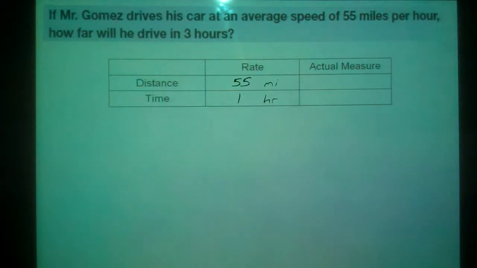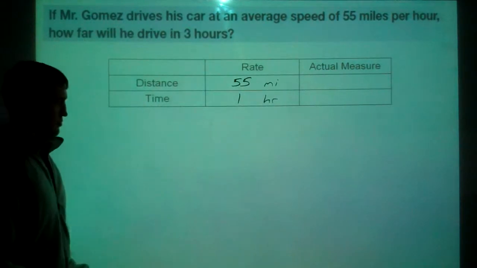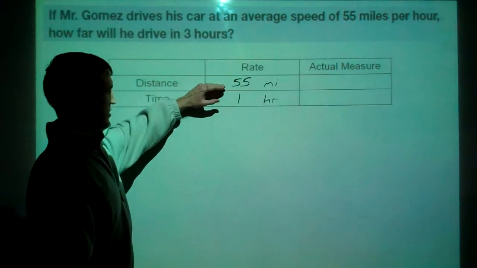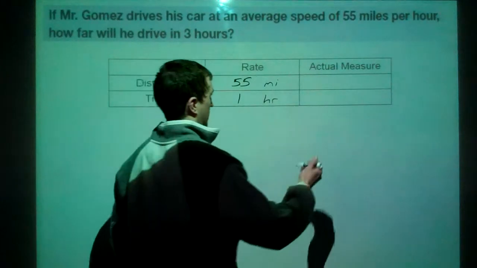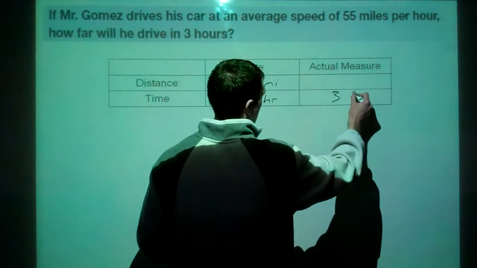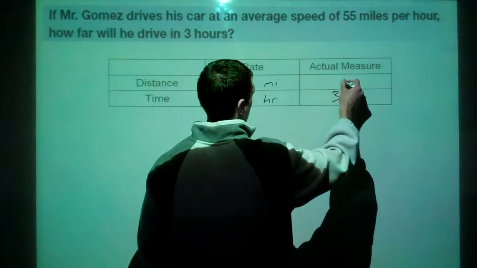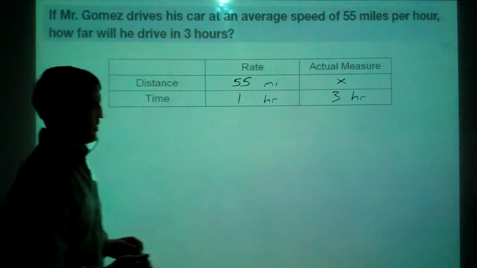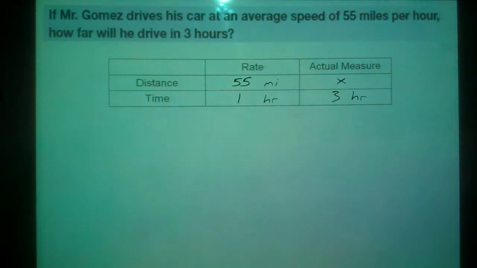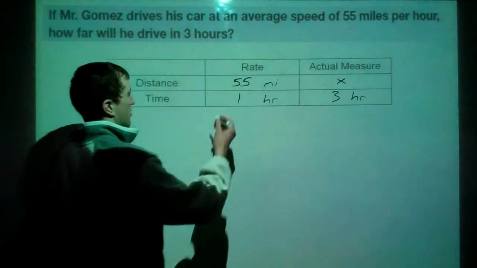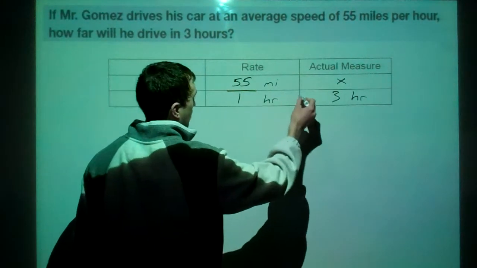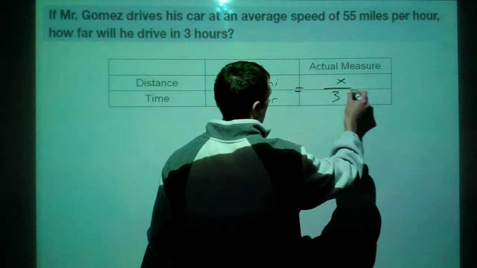Now we want to figure out how far he'll get in 3 hours. So if he's going 55 miles in 1 hour, how far is he going to get in 3 hours? So we're looking for that right there. And once again, just like yesterday, we have a nice proportion set up: 55 over 1 equals x over 3.